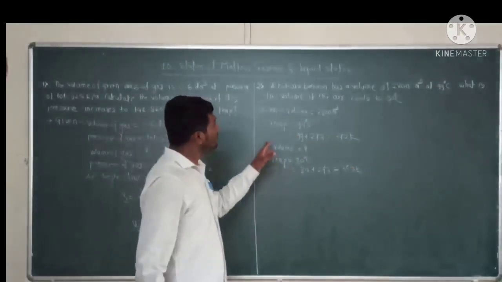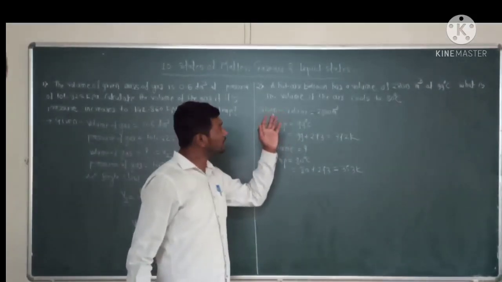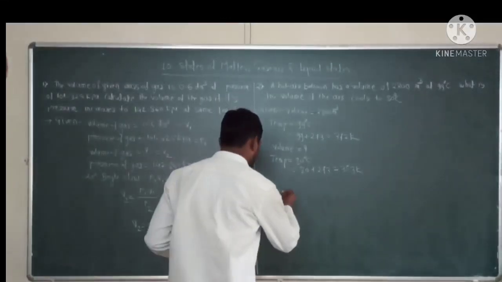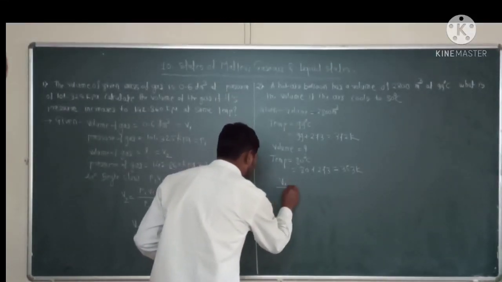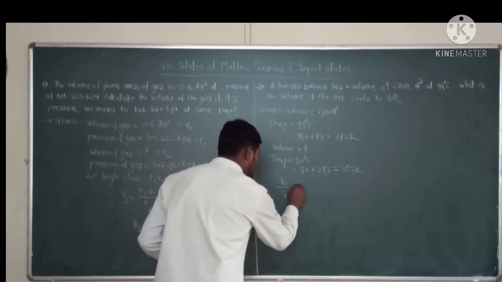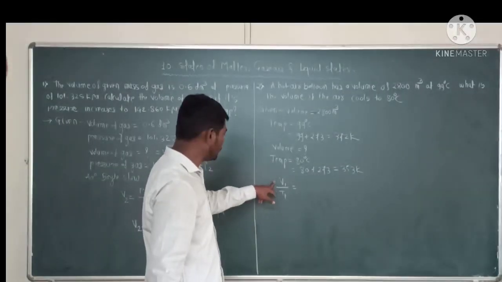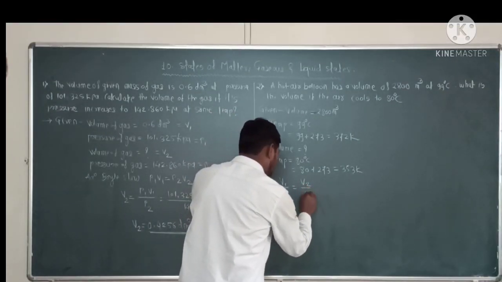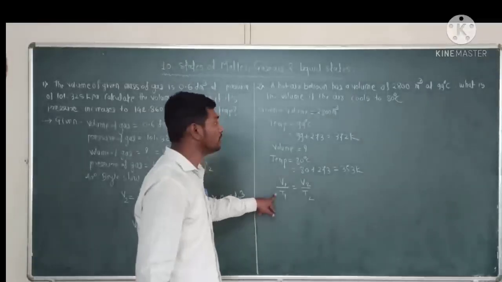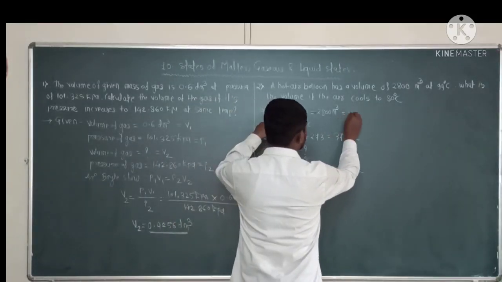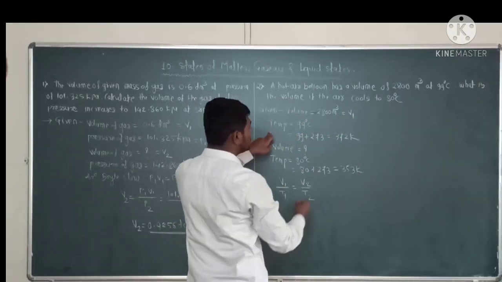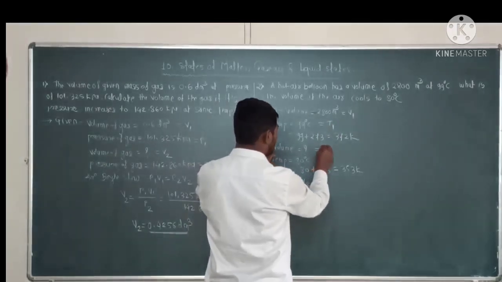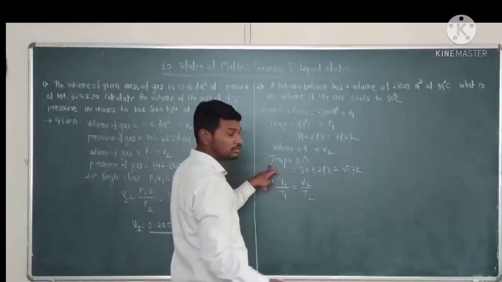Now from the given data it is clear that this numerical is based on Charles's law, that is, according to Charles's law, V1 upon T1 is equal to V2 upon T2. Now this is V1, this is T1, this is V2 and this is T2.